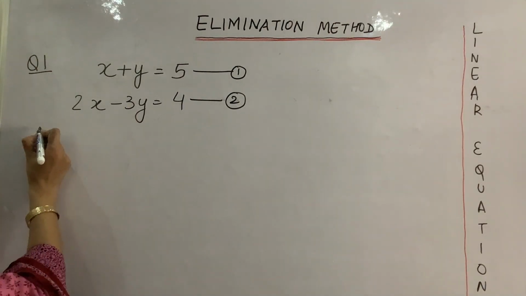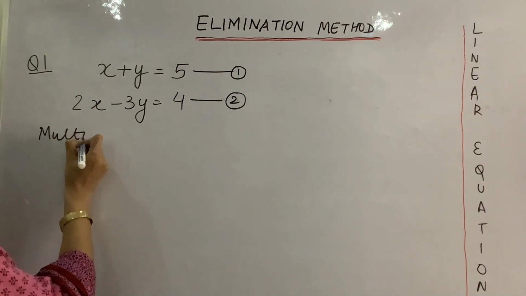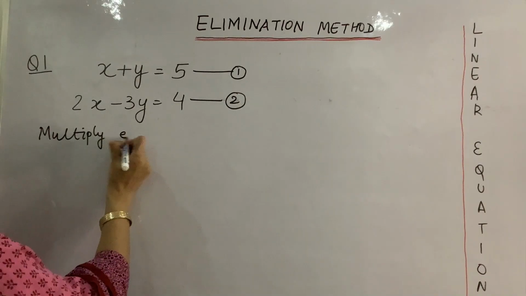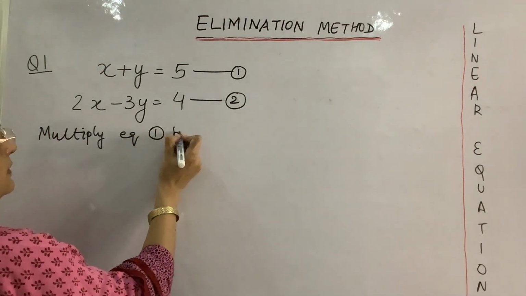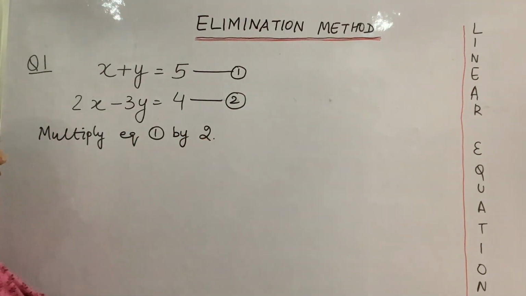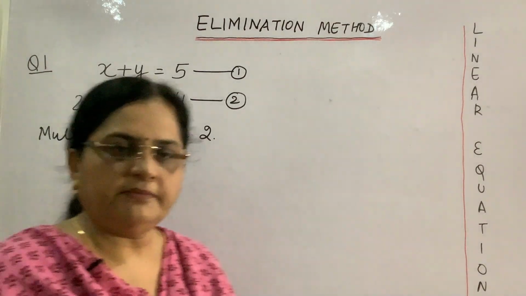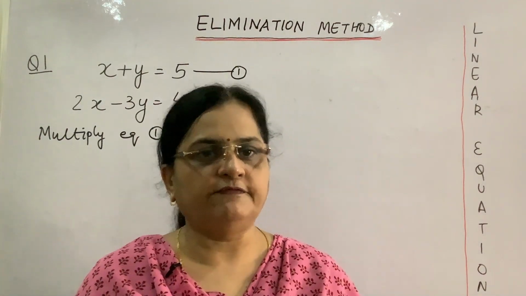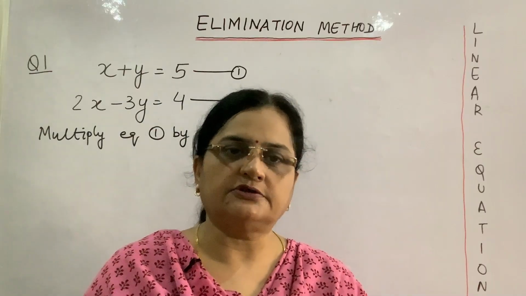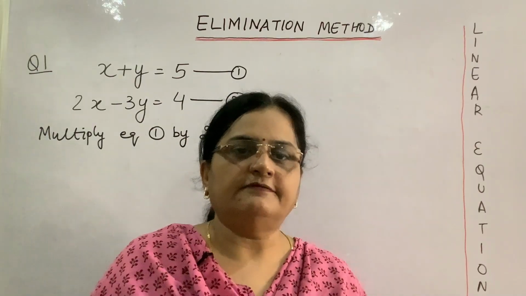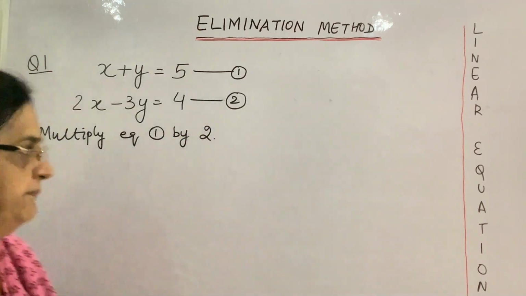So if I multiply the entire equation 1 by the number 2, there is no problem in doing this. Any equation, if we do the same operation on the left hand side and on the right hand side also, then the value of the equation remains the same.